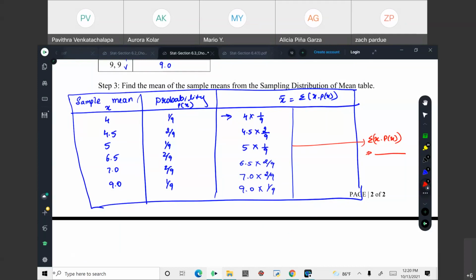It has to be equal to 6. Is this equal to 6? Yes.